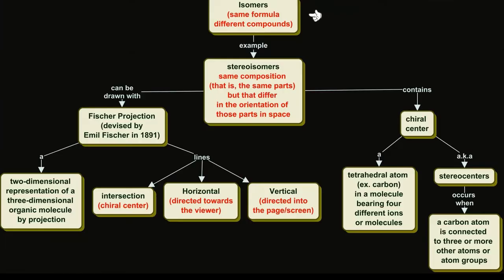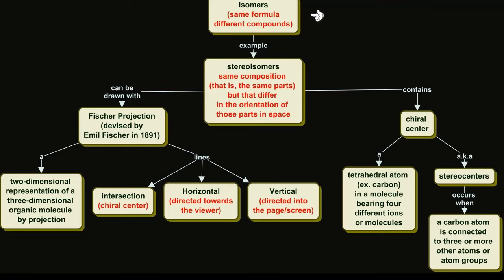Now, what are stereoisomers? Before we proceed to stereoisomers, we have to understand what isomers are. Isomers are those molecular structures that have the same molecular formula. However, because of the arrangement of the molecular structures, they produce different compounds. There are several types of isomers, and stereoisomer is just one of them.